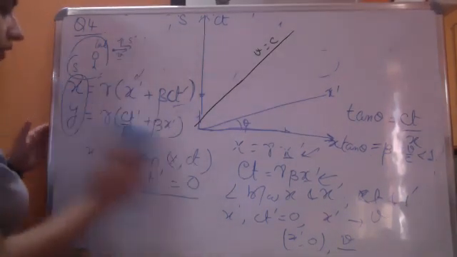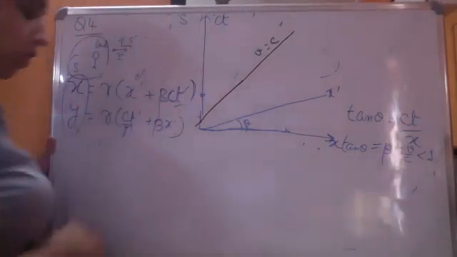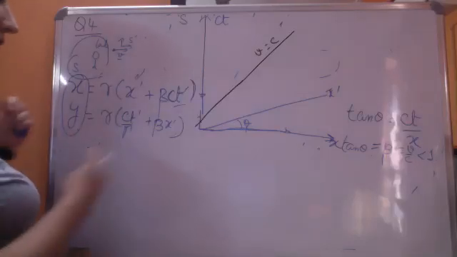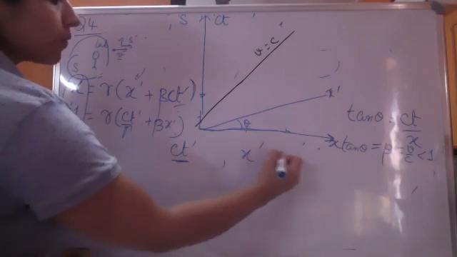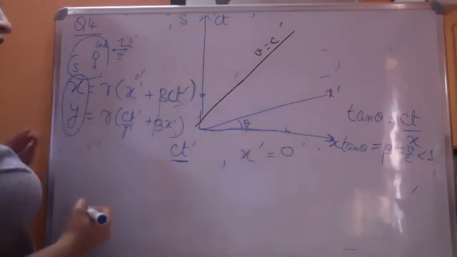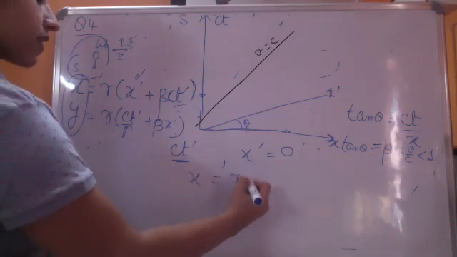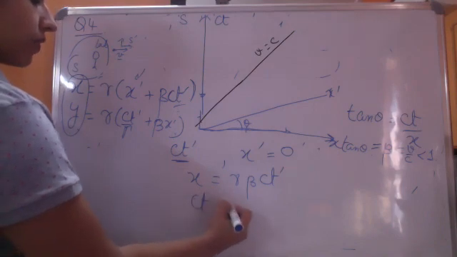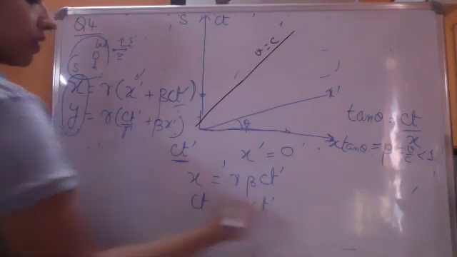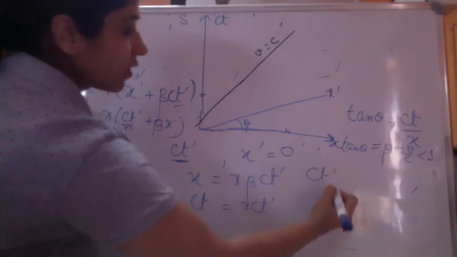Okay, so now how do I represent ct prime on this? ct prime corresponds to x prime equal to 0. So ct prime should be such that it satisfies these two conditions. First thing, again, ct prime will be a straight line.